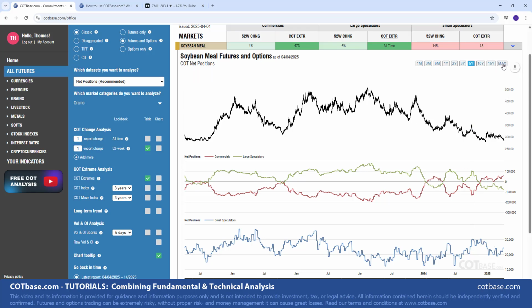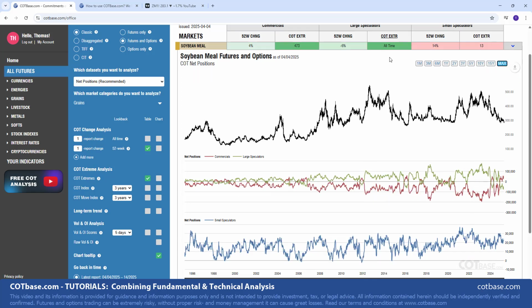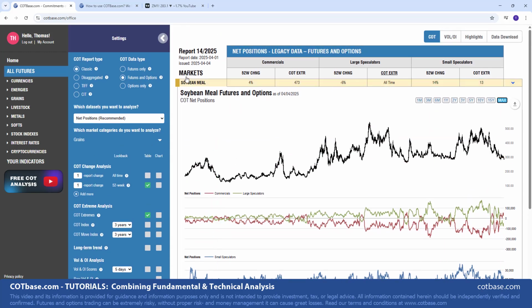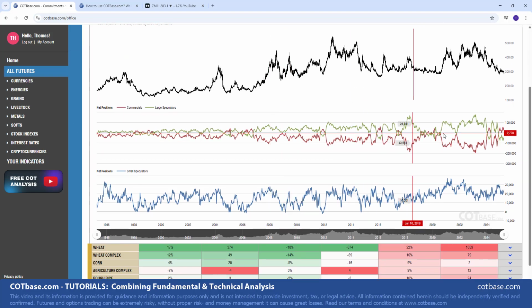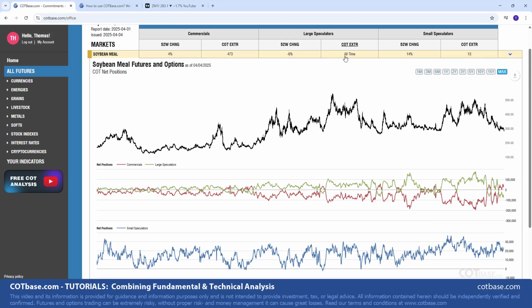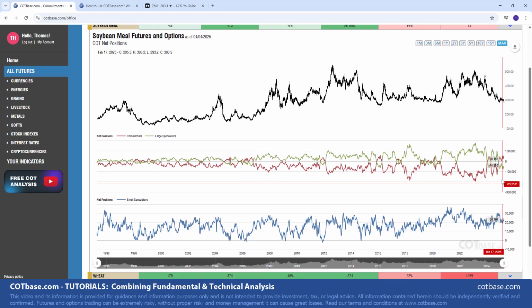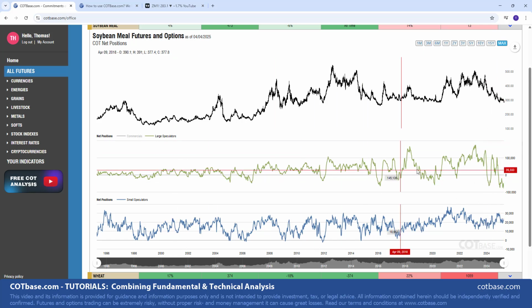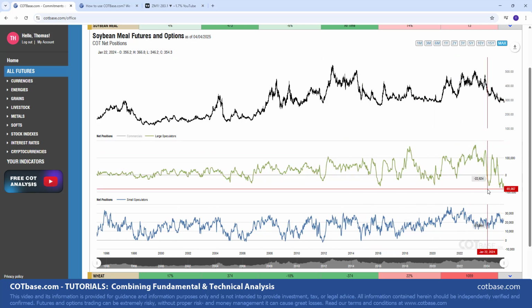Now, when we talk about an all-time COT extreme, what that means is that in the history of COT data on soybean meal, we are talking about large speculators here, but commercials are at an extreme as well. It means that never in the history of COT data on large speculators, and if we take commercials off, it becomes more clear, we have never seen such an extreme.